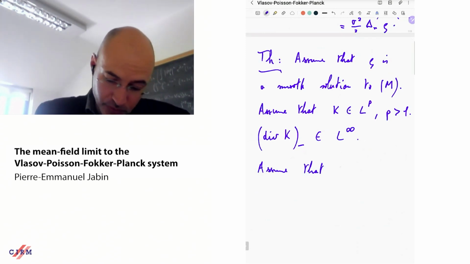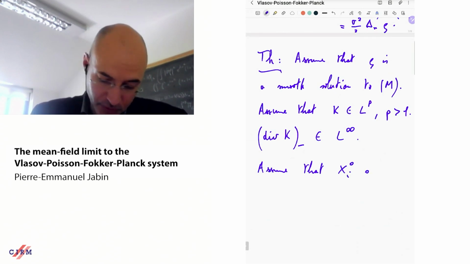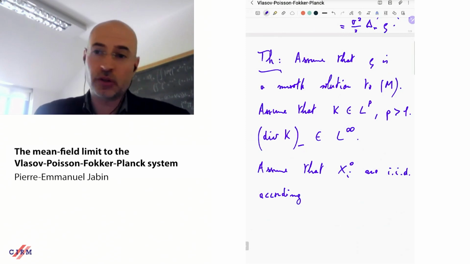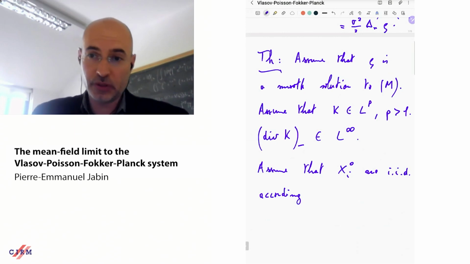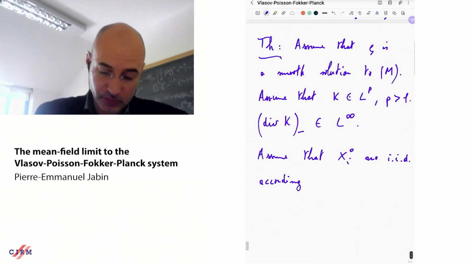Now, I'm going to assume that the initial positions are IID to make my life simpler, and IID according to the same distribution as rho. Okay, let's keep things as simple as we can.